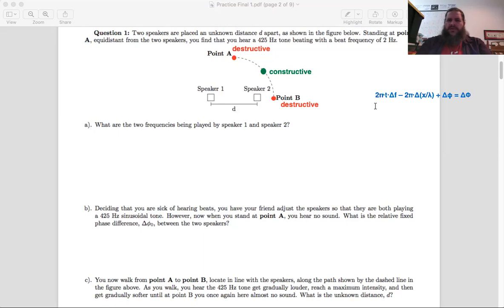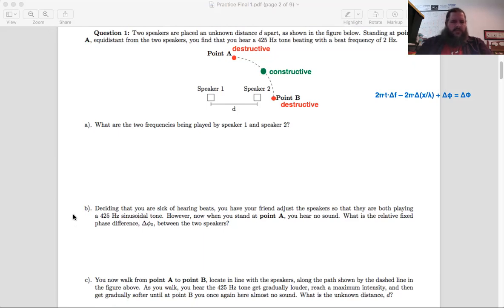So for the total phase difference equation, the 2 pi t delta f term, is there any difference in frequencies between these? No, because they have destructive interference, right? So that means they should be the same.